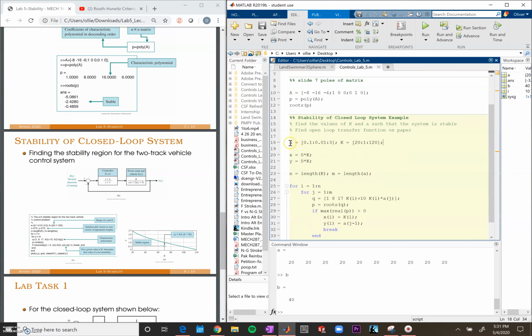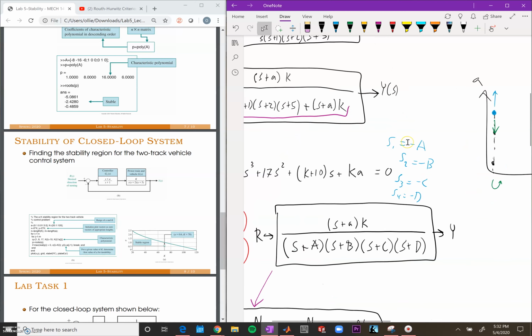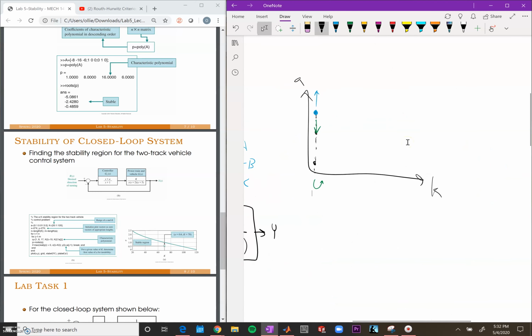So first thing, we're going to only look for A between 0 and 3. We're going to increment in 0.01. And we're going to look for K between 20 and 120. We're going to increment in 1. When we're plotting, what we eventually want to do is go through each one. We're going to get a bunch of these dots.